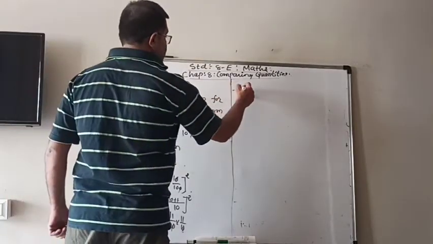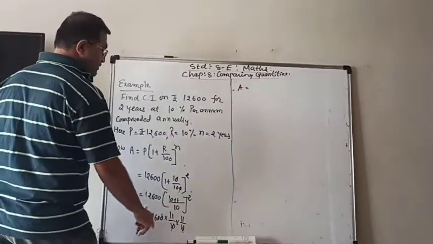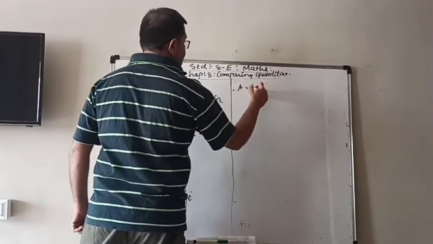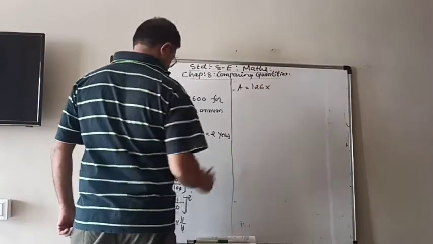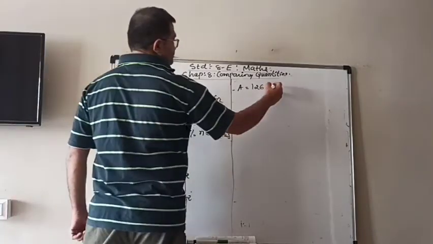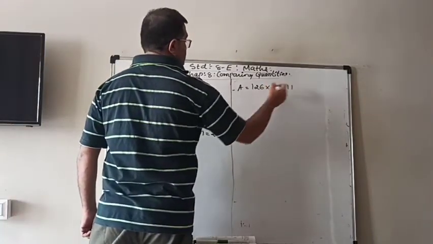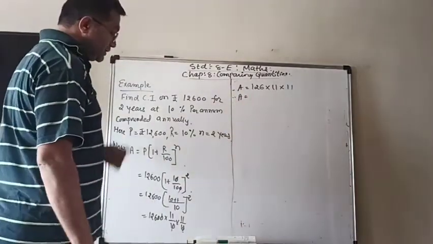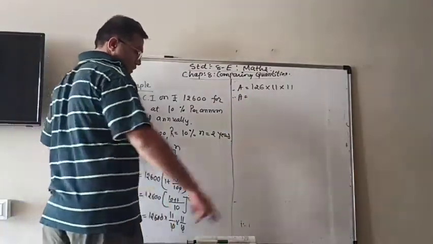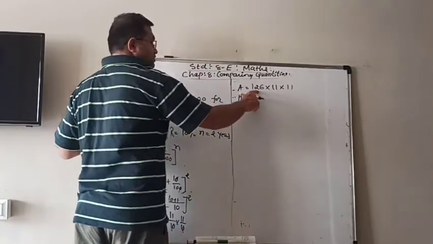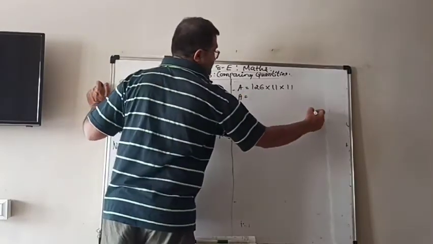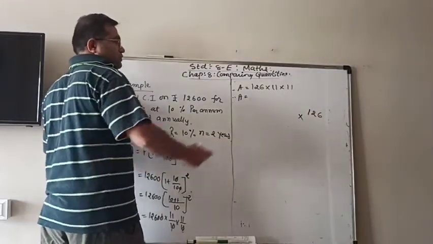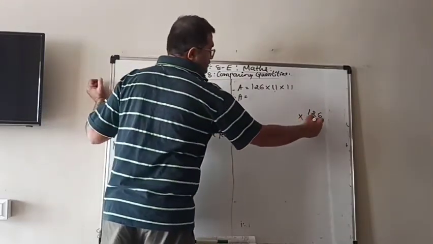So therefore A is equal to 126 multiplied by 11 into 11. So now we have to multiply 126 by 121.